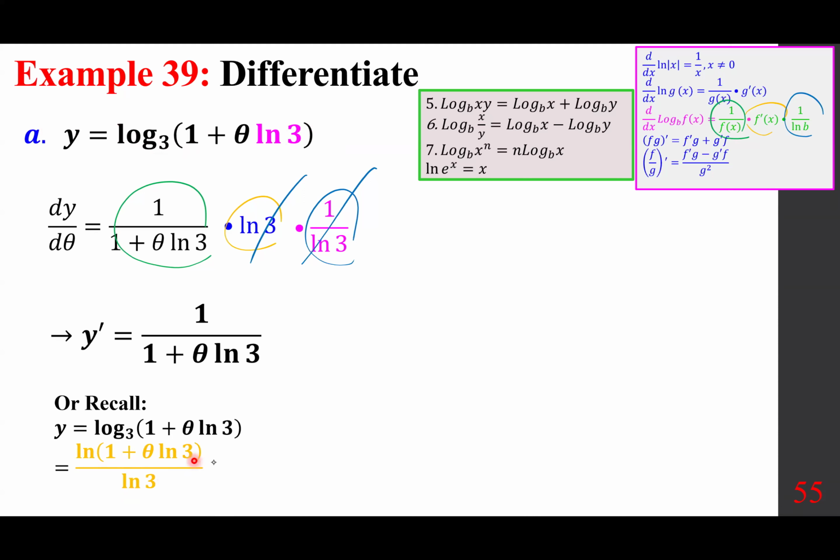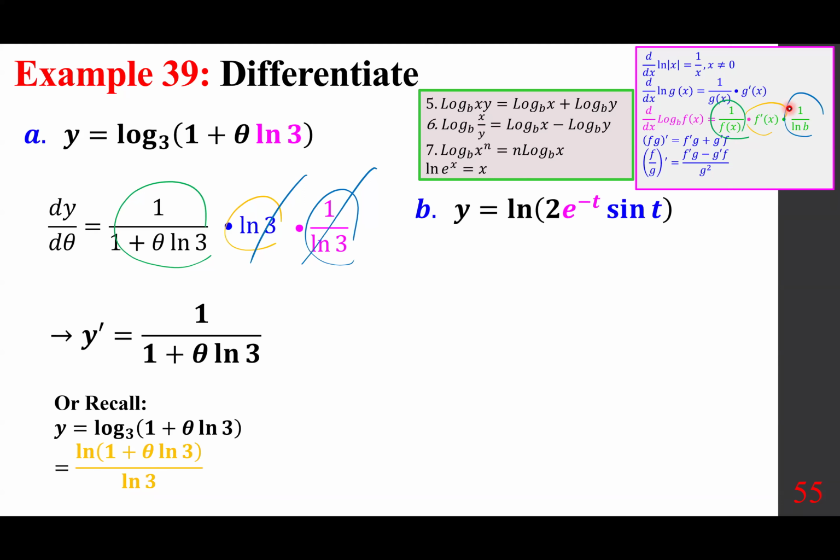That's why it creates this third piece, 1 over ln 3. Even if you don't want to memorize that, just follow the change of base formula when the base is no longer e.